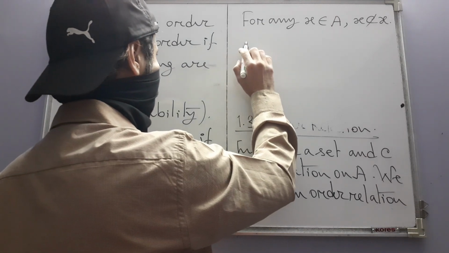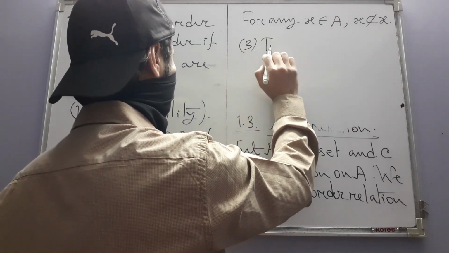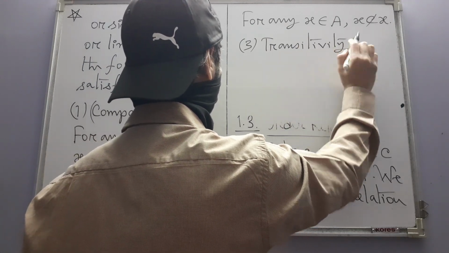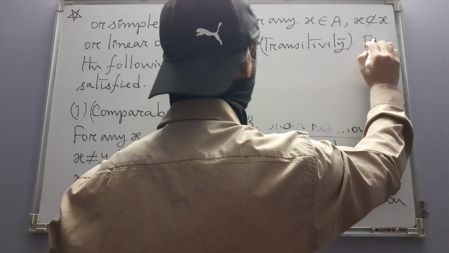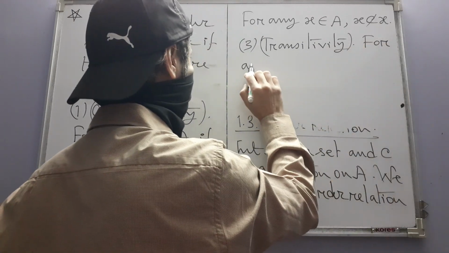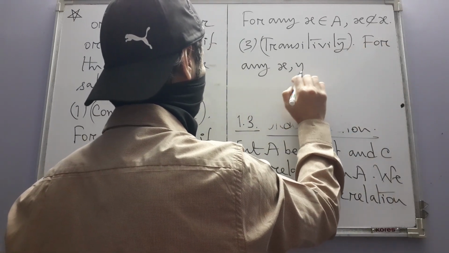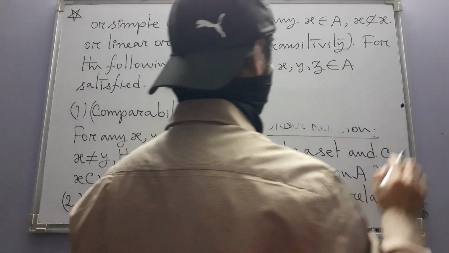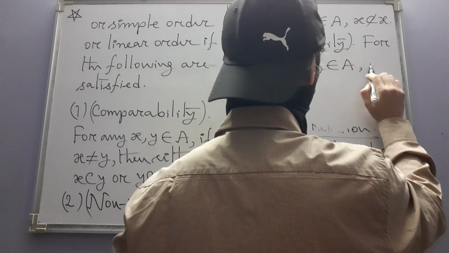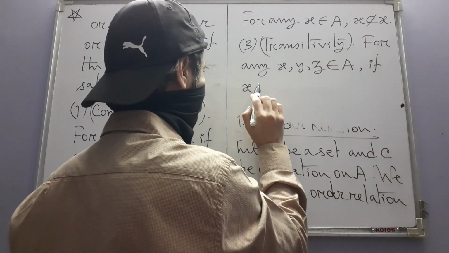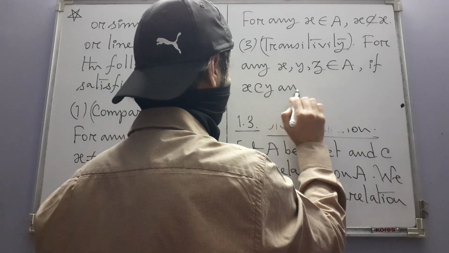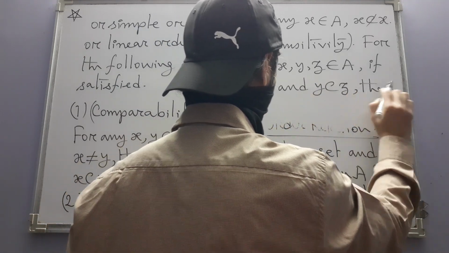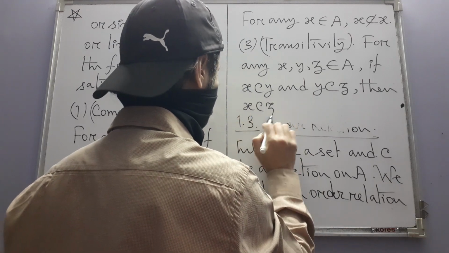And finally, the third one you already know. Transitivity. For any 3 elements x, y and z, not necessarily distinct, if x is related to y and y is related to z, then x is related to z.